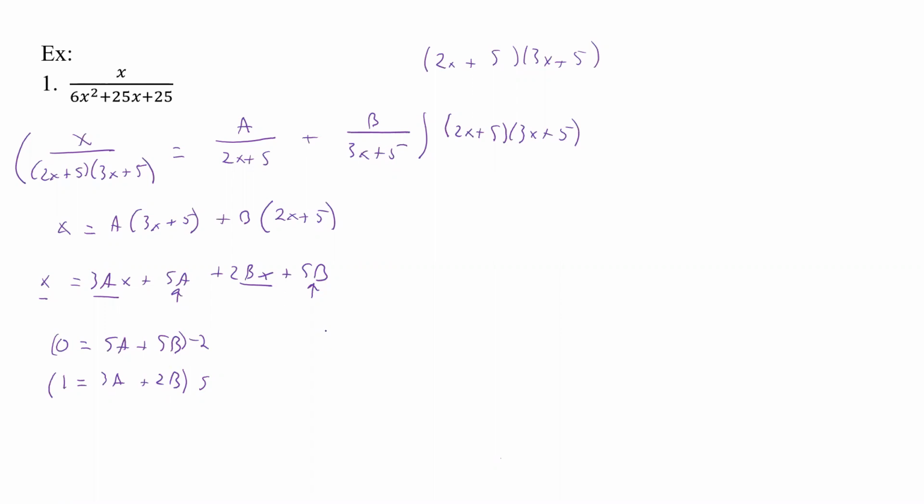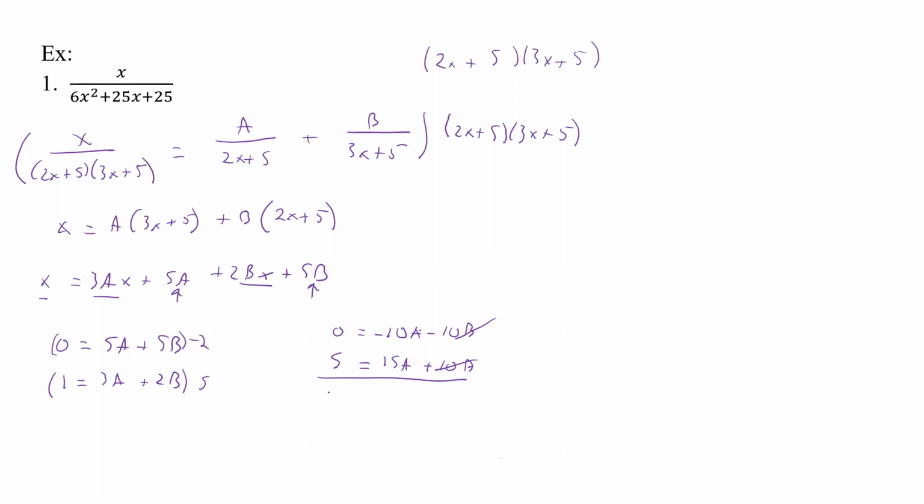So then I have negative 2 times 0 is 0 equals negative 10A, and then minus 10B. On the bottom part here, we have 5 times 1 is 5 equals, now 5 times 3 is 15A minus 10B.